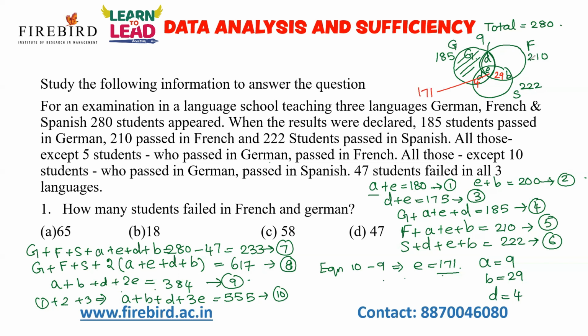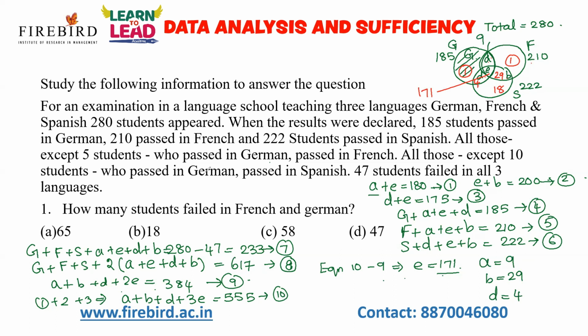And see, 210 minus 9 minus 171 minus 21, the value will be equal to 1. And here, the students who passed in French only is only one student. And similarly, 185 minus 9 minus 171 minus 4 will get value as 1. The students who passed in German only is 1. And the students who passed in Spanish alone is 18.